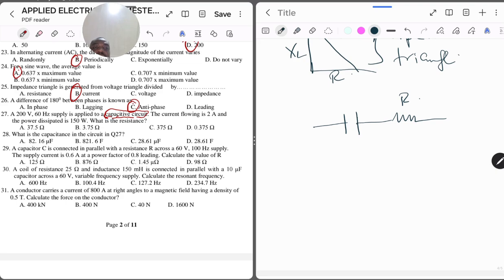So we have R here, then we have our voltage supply, which is alternating voltage.